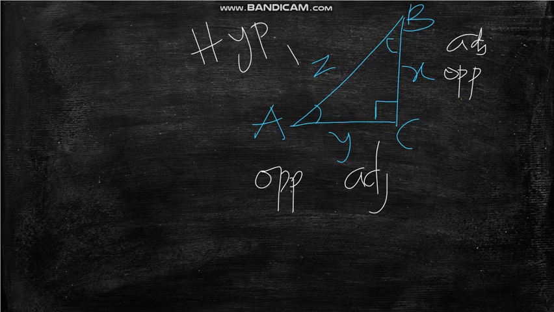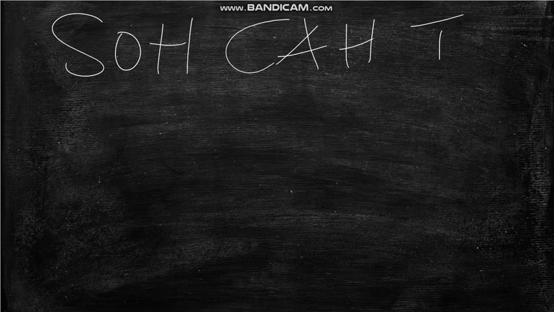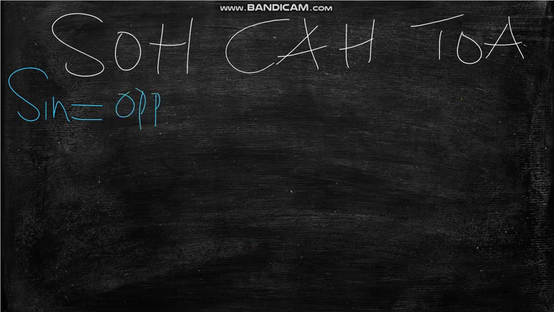Before that, I'm sure we've heard of the concept of SOHCAHTOA. Like I said, this is just an introduction. From SOHCAHTOA, S is sine, O stands for opposite and H stands for hypotenuse. So sine is opposite over hypotenuse.